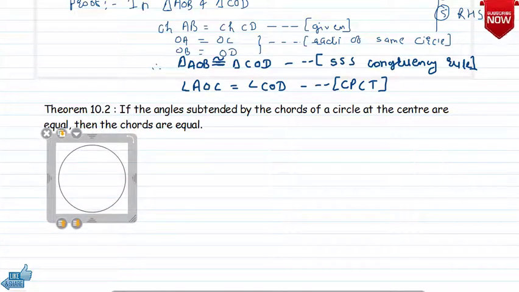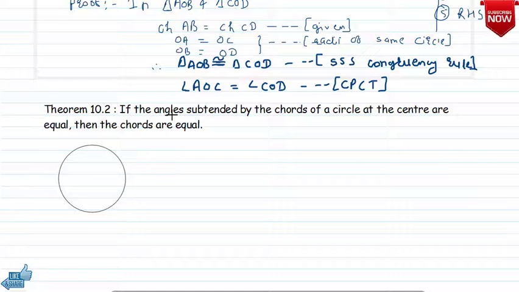Now I have already told you that the first part is given. So here the angles subtended by the chords of a circle at the center are equal. That much is given. Don't worry, the line is very long, but the meaning is very small. What is given here?